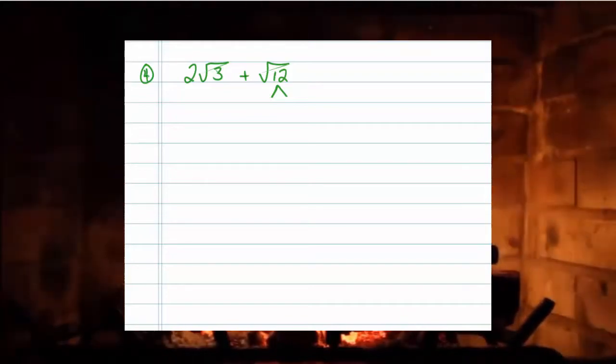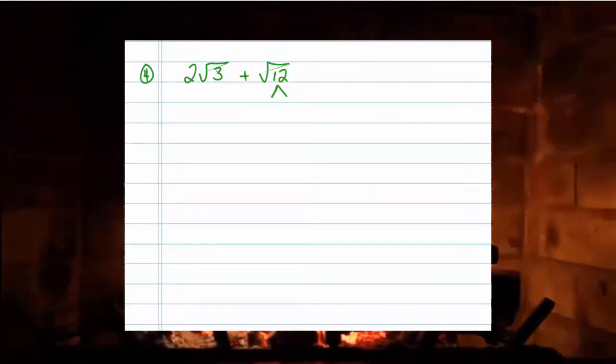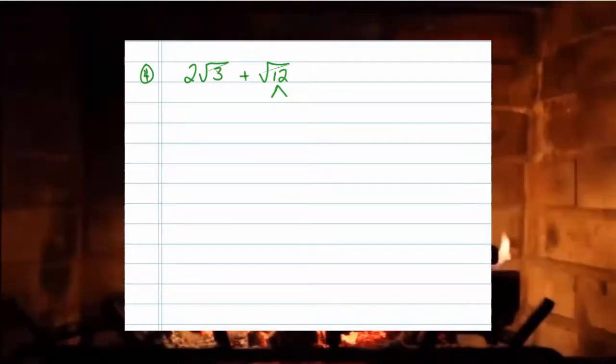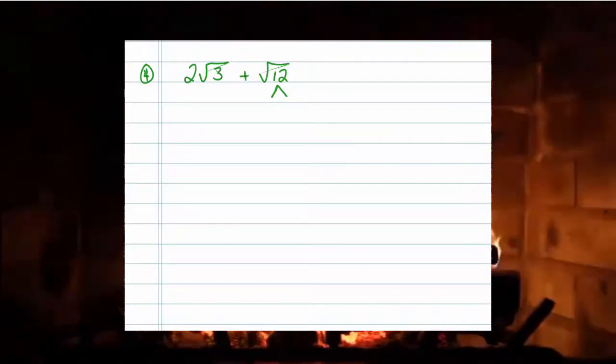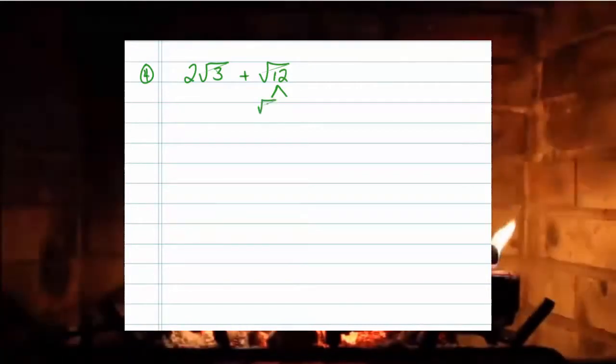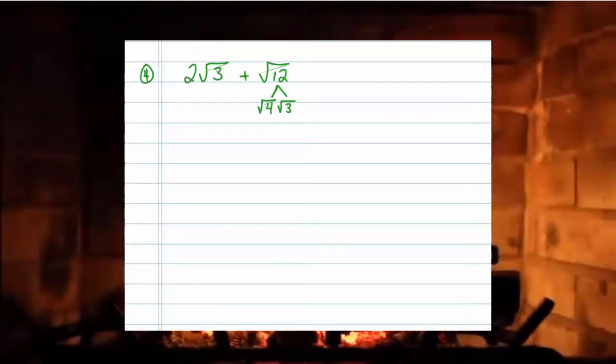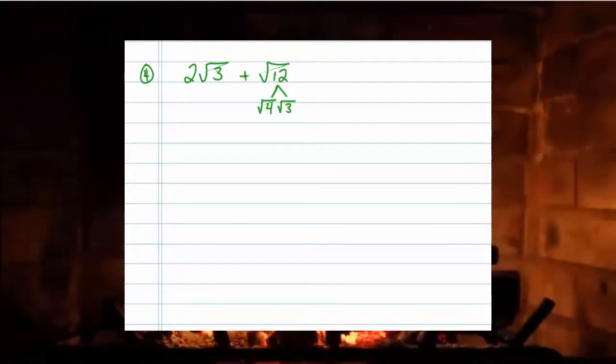And if there's no perfect squares, then we'll simplify by identifying the prime factorization. Here I see the value 12 has a perfect square, square root of 4, times the square root of 3.